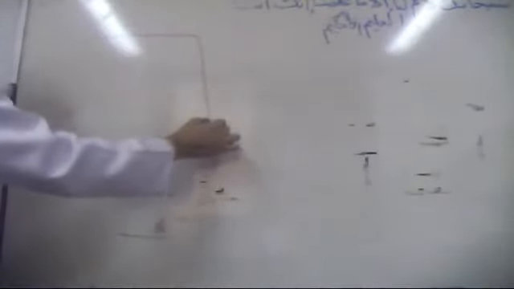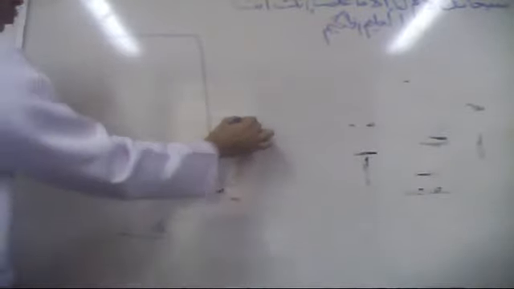The sarcolemma has invagination to form the T-tubules, or the transverse tubules. These T-tubules are invagination from the sarcolemma deep into the muscle fiber. So that is the sarcolemma, which is the outer covering of the muscle fiber, and it forms the T-tubules.